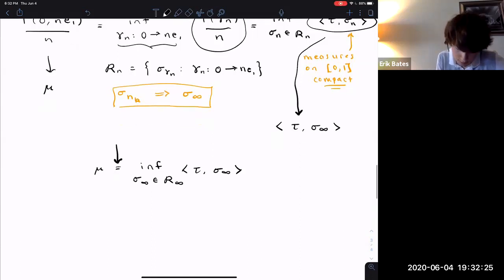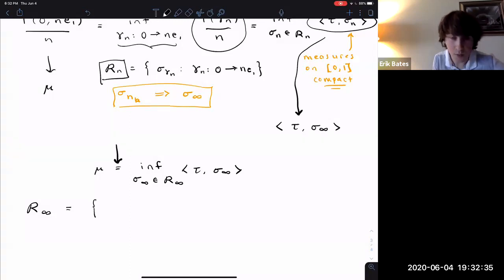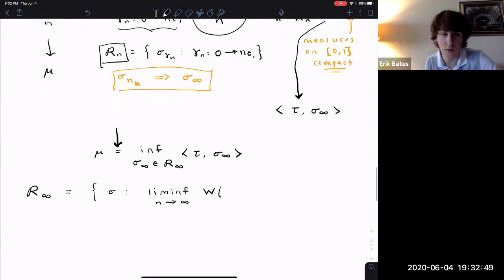So now here, let me define in a more precise way. This R infinity is the set of all possible subsequential limits of these Rn's. So what do I mean by that? Let's say this is the set of all finite measures sigma on 0, 1, such that the limit of the distance, so here I'm using the Wasserstein metric, but you could use your other favorite metric on measures, the distance between sigma and the set Rn has a limit of 0.